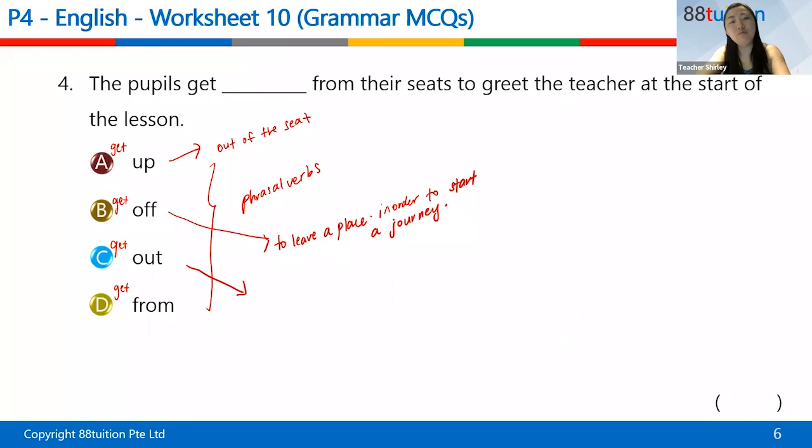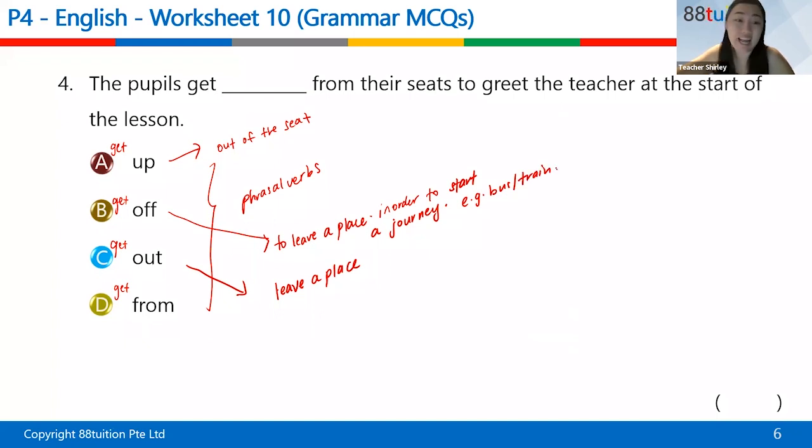It's usually to leave a place as well, but it depends on the context, because get off is also to leave a place, but generally it's like, for example, get off a bus or a train.